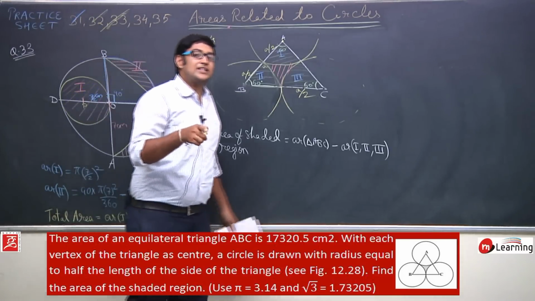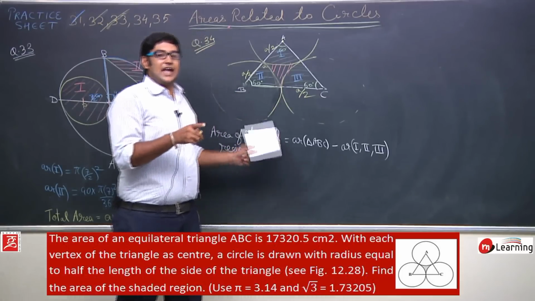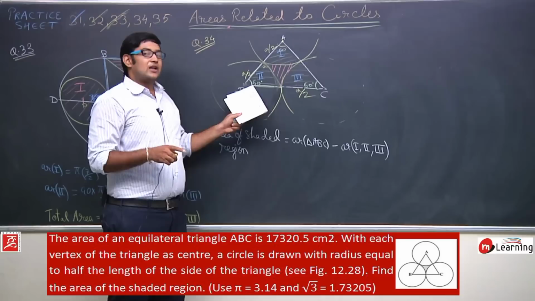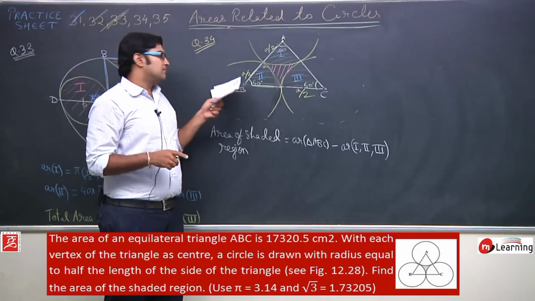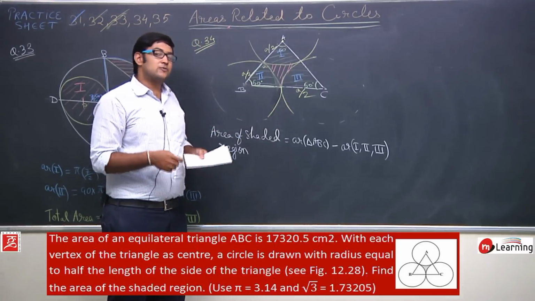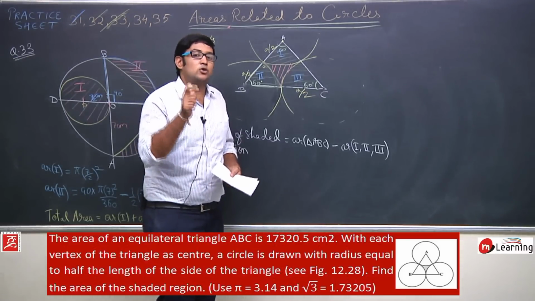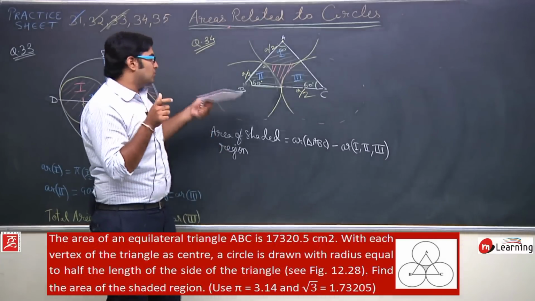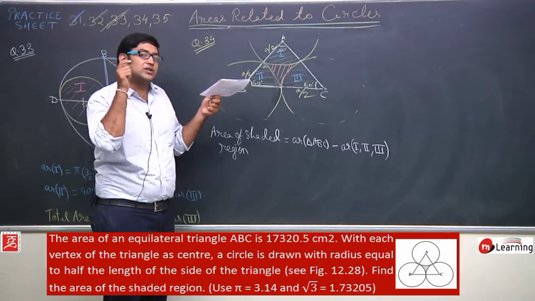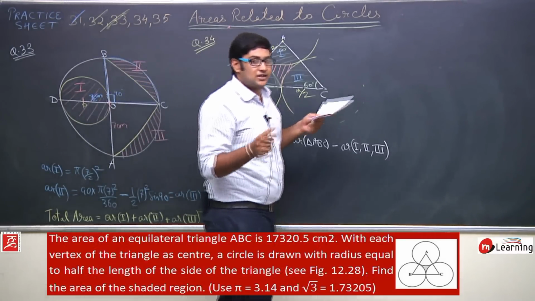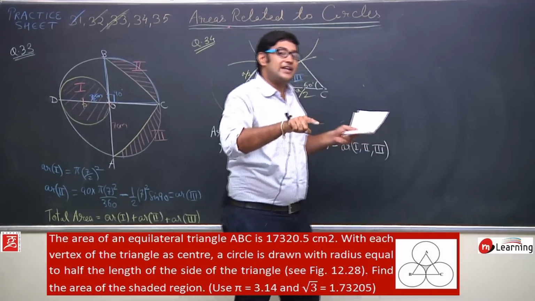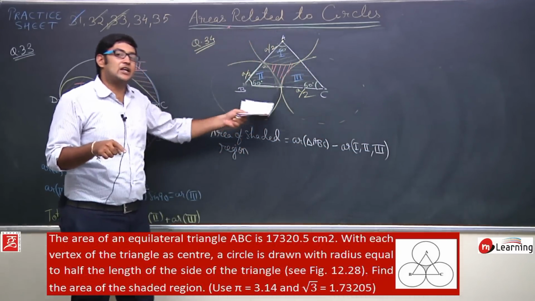Now how to calculate the area? For that I need the angle, which we have, and I need the radius, but I do not have the radius. So first let us think how to determine the radius. We need to determine the radius of the circle, and for the radius I need the side of the triangle.